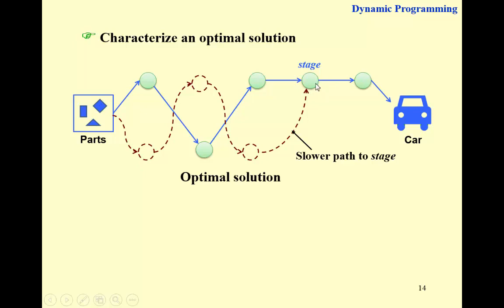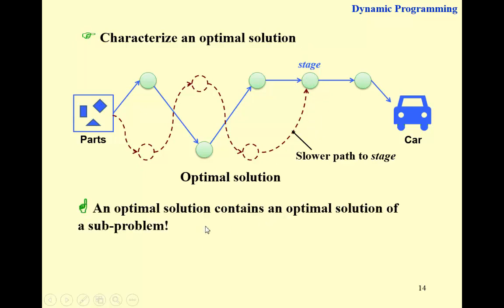And therefore, it means that if this is an optimal solution, then this must be an optimal solution for this subproblem. So here we go. We do have this situation that an optimal solution contains an optimal solution of a subproblem. Okay, so far so good. So what's next?